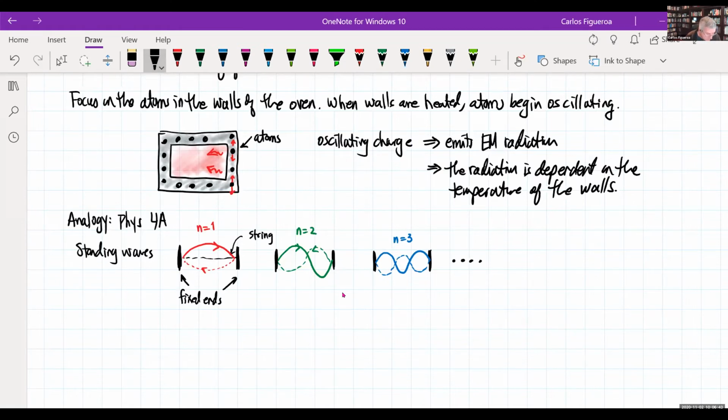And what describes these standing waves is called the resonant frequency condition. It says that the frequency of all of the standing wave modes is equal to n times f1.